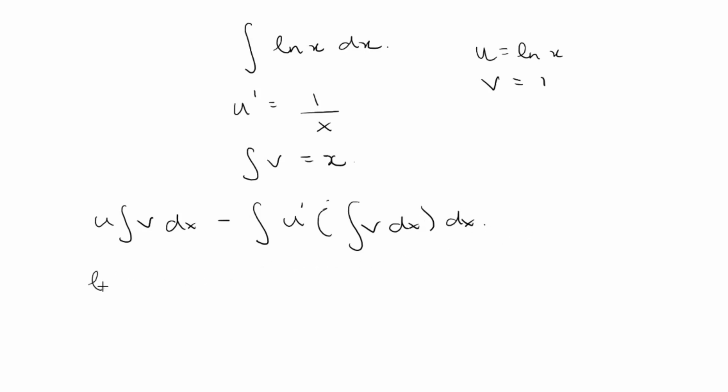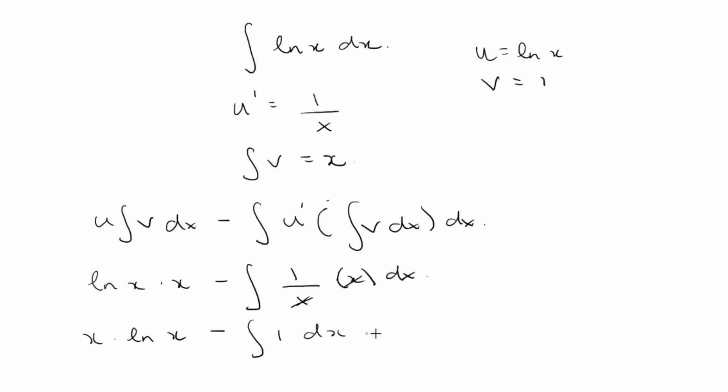That gives us ln x times x minus the integral of 1 on x times x dx. That gets us x times ln x minus the integral of 1, because these two x's cancel out, which is finally equal to x times ln x minus x plus c.